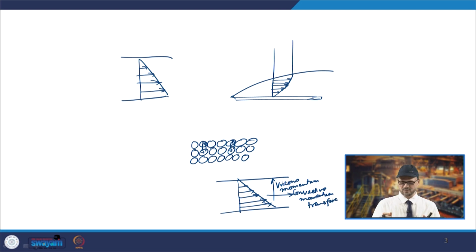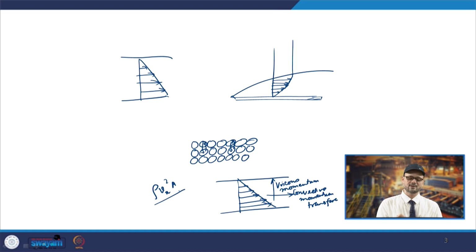The rate of convective momentum transport is mass into velocity by time. So, it will be rho v x square A, where A is the cross sectional area perpendicular to the flow direction through which the fluid of density rho is flowing.